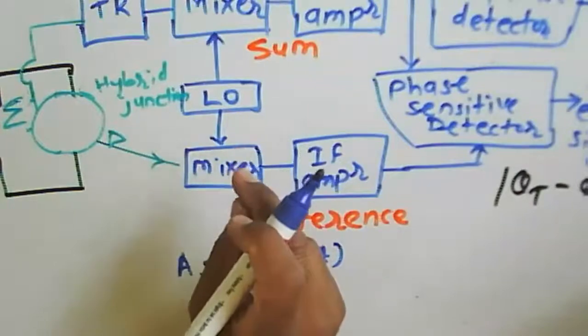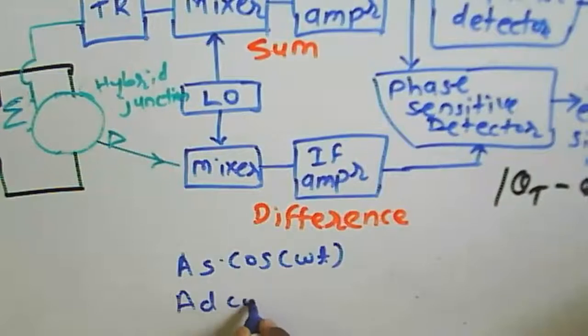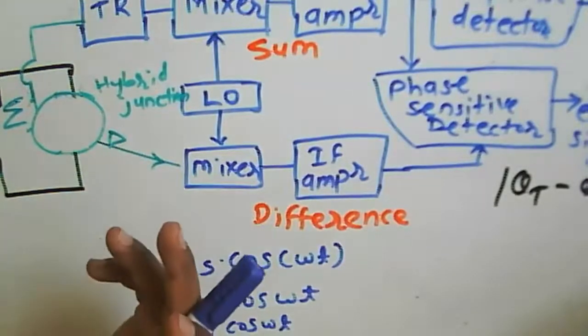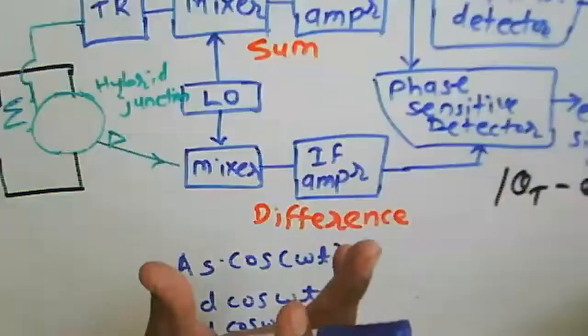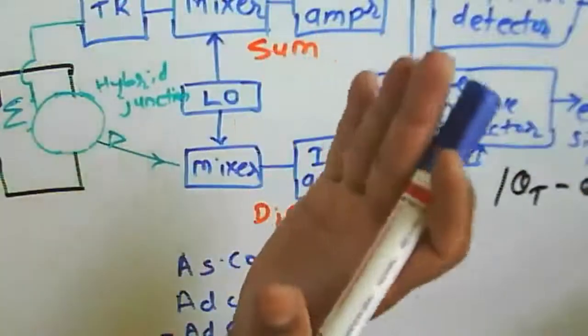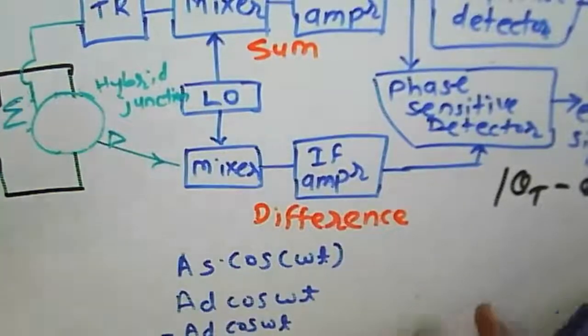So the difference signal will consist of either a positive AD cos of omega t, or minus AD cos of omega t. That plus AD or minus AD will depend upon the bore side of the target, in which direction the target lies, and that will be given through this error signal also.